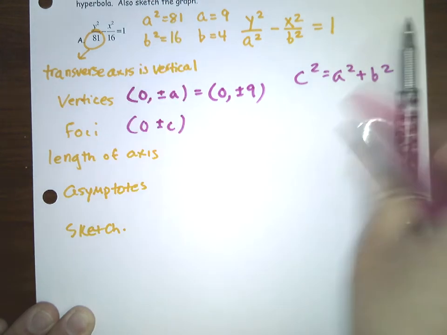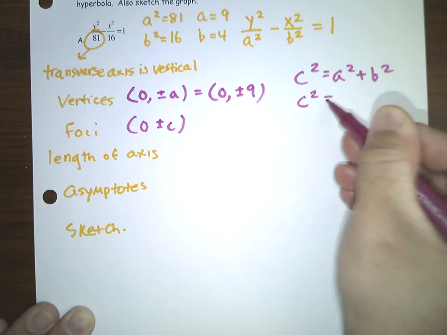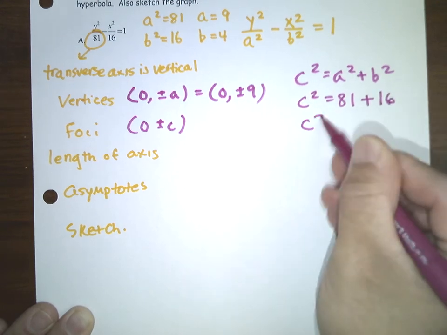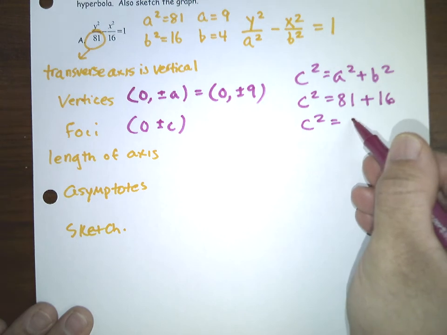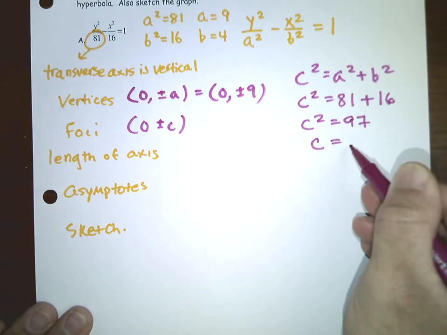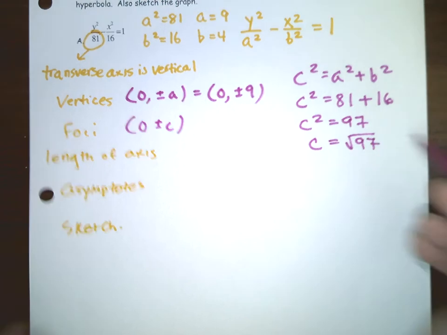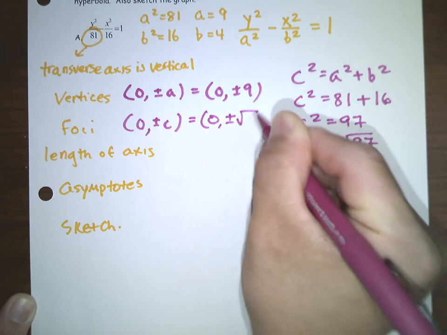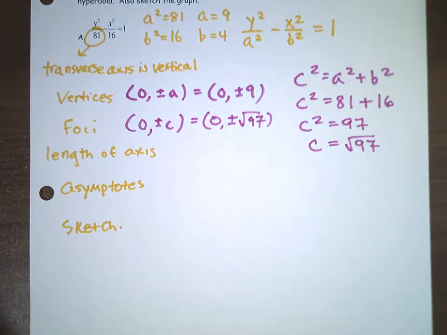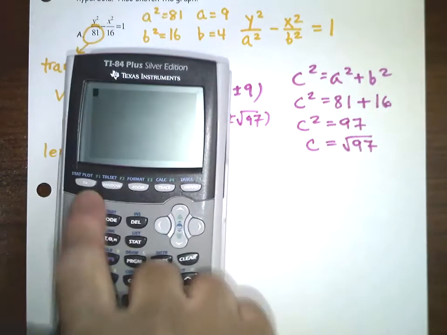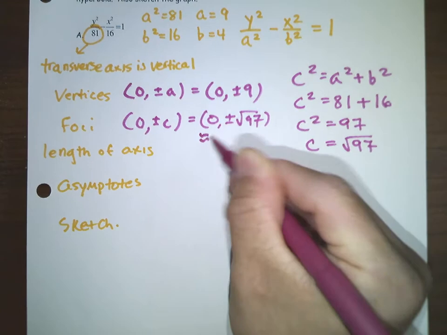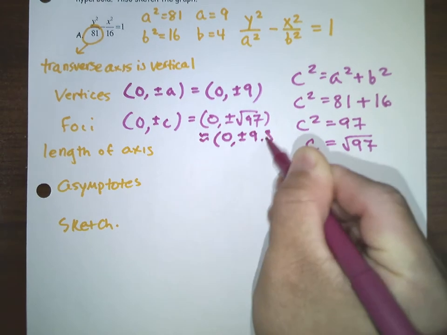So since a squared was 81, and b squared is 16, then c squared is 81 plus 16, so that is 97, and I take the square root, so c is the square root of 97, so that will be 0 and plus or minus the square root of 97. But if I show you that real quickly, the square root of 97 is about 9.8. So that will be 0 plus or minus 9.8.